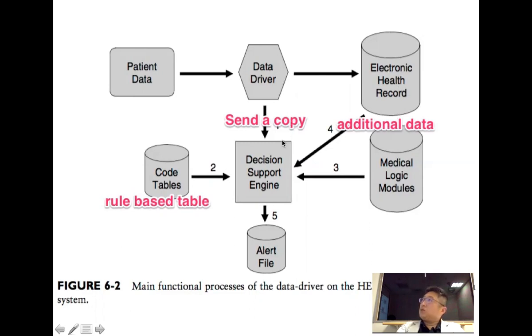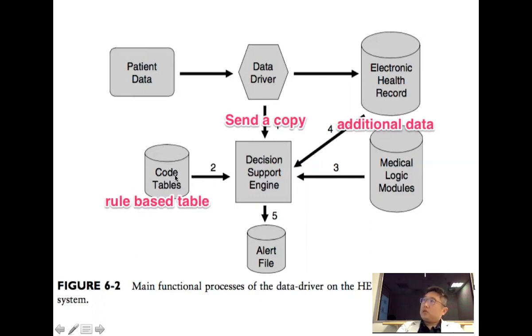we can check this. So the patient data will be sent to the decision support engine to check. Here they actually have a coded table, a bunch of rule-based tables.